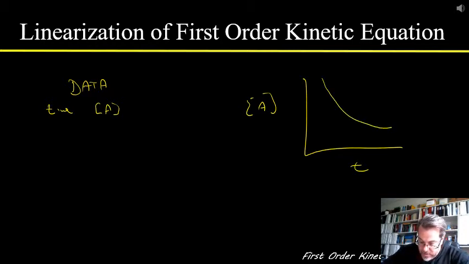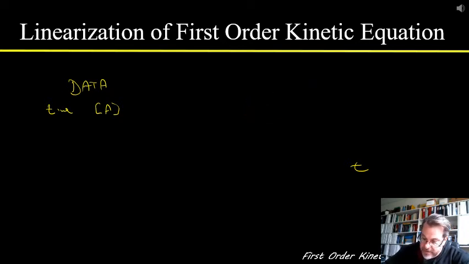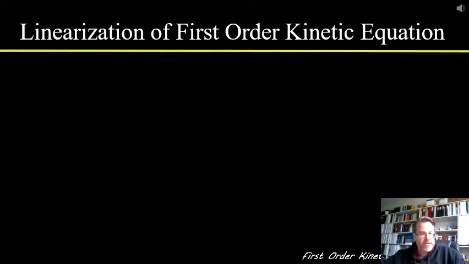All right. So what we want to do is find a way to graph this that looks a little bit nicer and is easier to work with. So to do that, we're going to do a linearization on this first order kinetic equation.